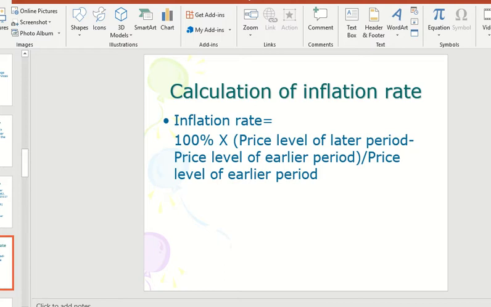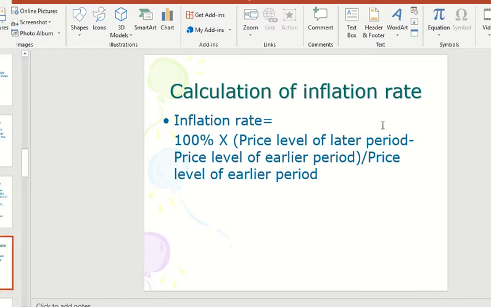So inflation rate is simply the percentage change in the price level. So when you recall what you learned in math, in order to find a percentage change in a variable, that's what we do. Okay?